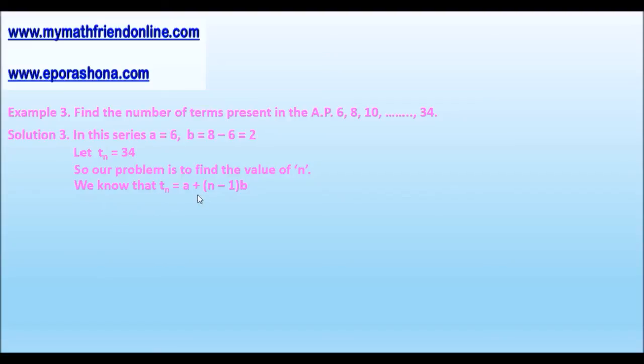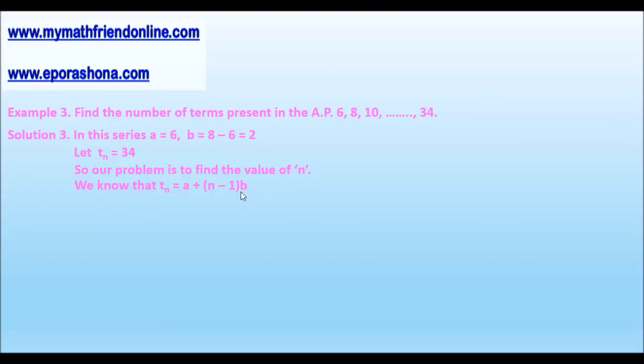We know that Tn equal to a plus n minus 1 into b. This is the formula that we have derived. So now we know Tn equal to a plus n minus 1 whole multiplied by b, and we are having Tn equal to 34. And we know the values of a and b. Okay.